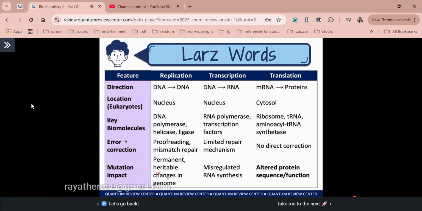For transcription, ayan, the misregulation ng gene expression through RNA synthesis is one of the most detrimental impacts ng mutation. And for translation, as we have seen, we have different types of mutation, and a majority of them can alter the protein sequence and the protein structure.